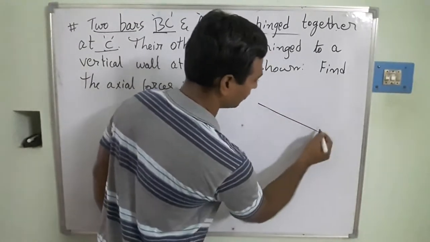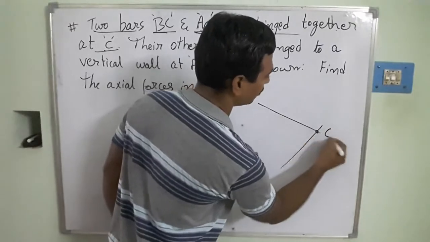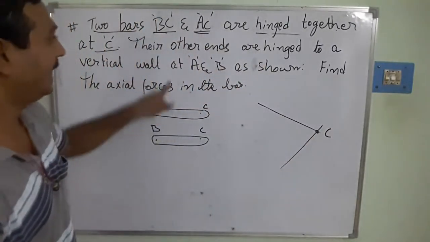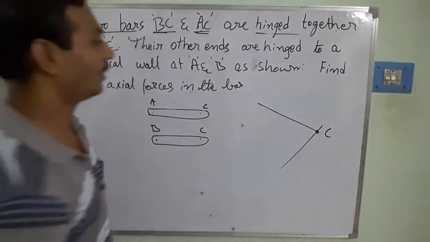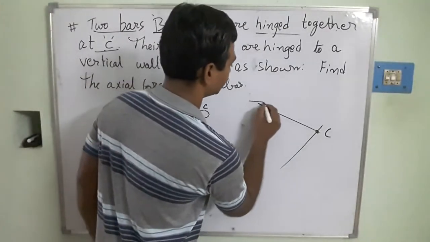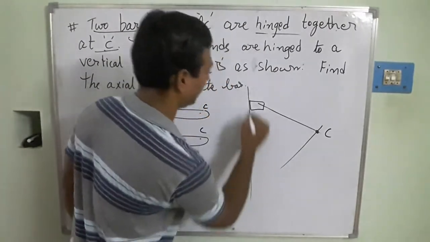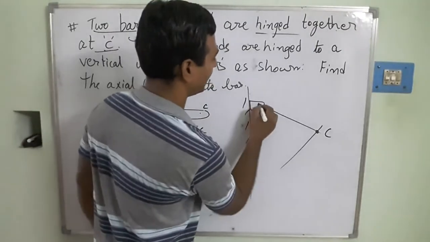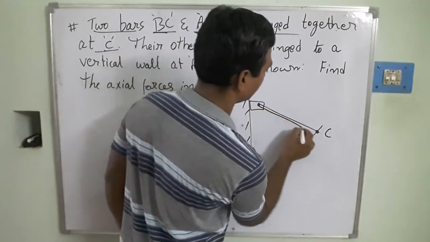This is the point C. Then A and B are fixed to the vertical wall. That means they are fixed here to the vertical wall, and this is your member.